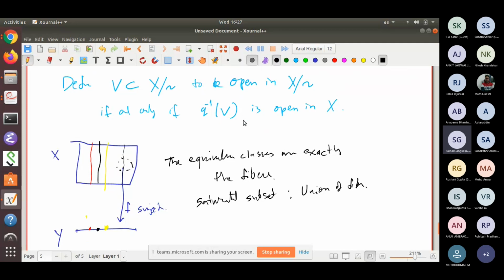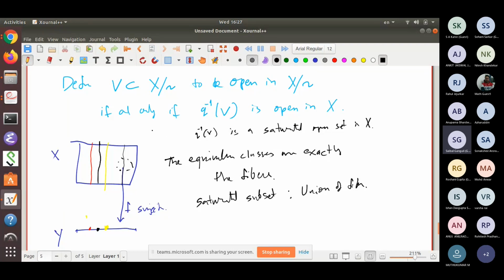So this is a saturated open set. Another way of saying it is: V is open if and only if Q inverse V is a saturated open set, because saturated it already is and we are asking it to be open.